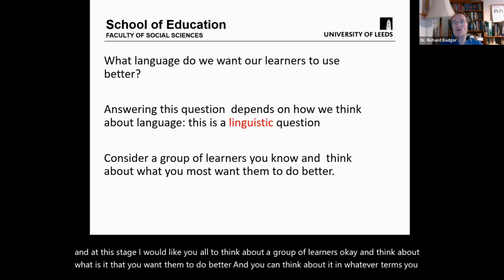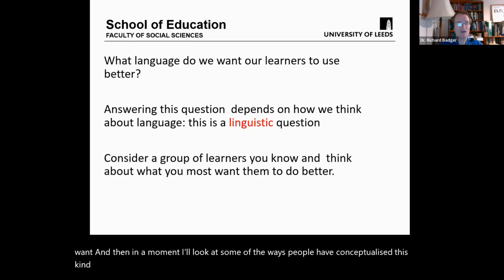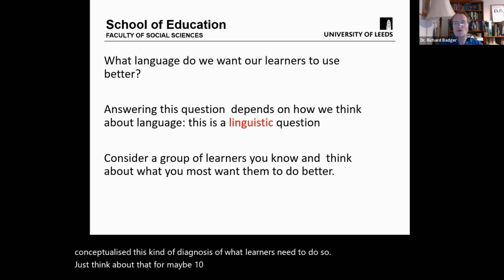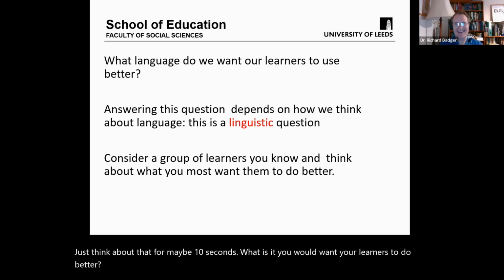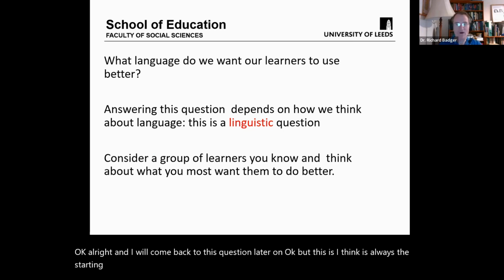And then in a moment, I'll look at some of the ways people have conceptualized this diagnosis of what learners need to do. So just think about that for maybe 10 seconds. What is it you would want your learners to do better? Okay. Right, and I will come back to this question later on. But I think this is always the starting point for where a teacher should begin.